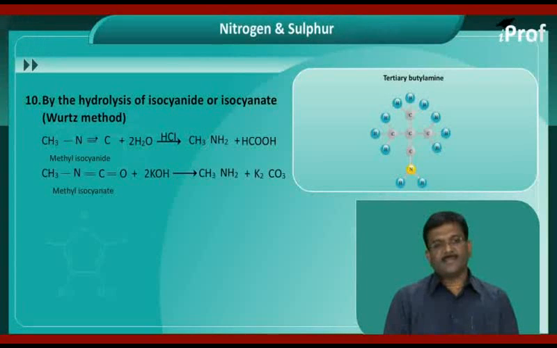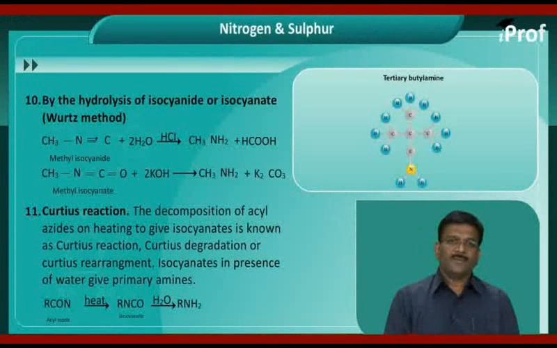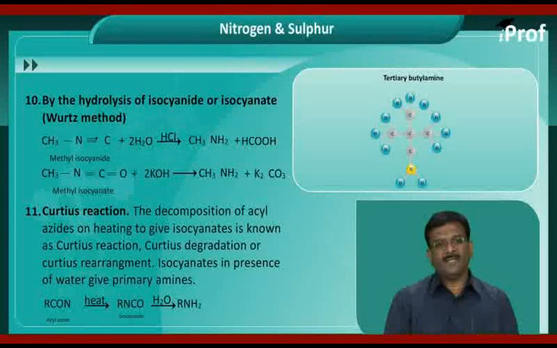The next method is the Curtius reaction. The Curtius reaction is the decomposition of acyl azides on heating to give isocyanates. In this reaction, the Curtius degradation or Curtius rearrangement takes place.